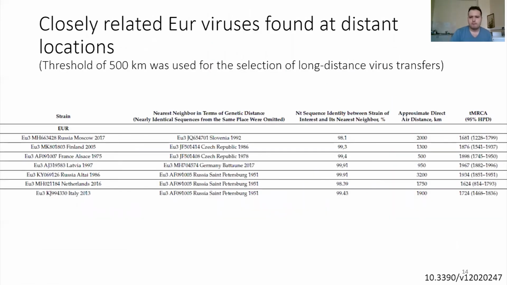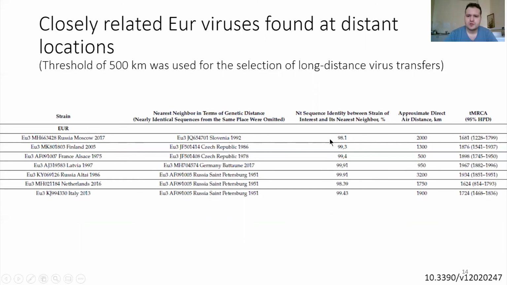Also, we chose some pairs of viruses that were phylogenetically very related and estimated the time of existence of the most recent common ancestor of these two viruses. For example, this virus, MH6634280, was isolated in Moscow, in Krylatskaya, in 2017.